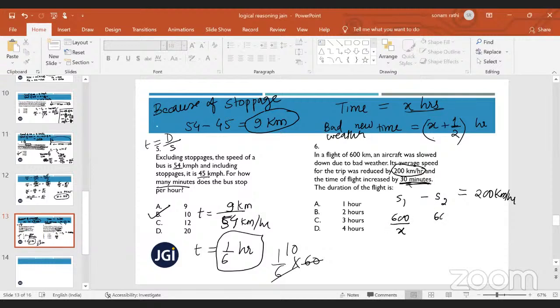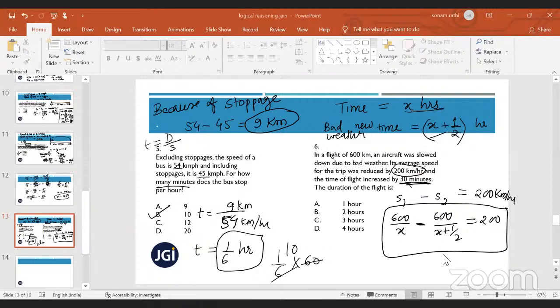In the second case, distance upon second time is equal to 200. Just calculate this. Speed 1 minus speed 2 is equal to 200 kilometers per hour, because the question says that the average speed of the trip reduced by 200 kilometers per hour.